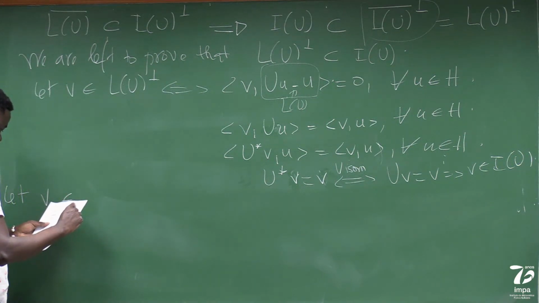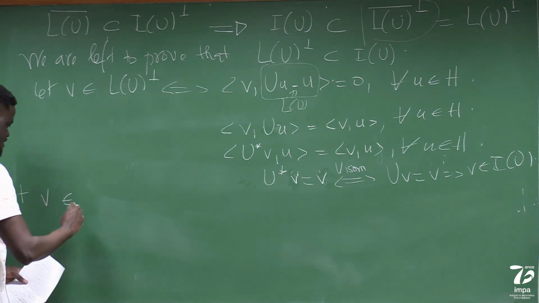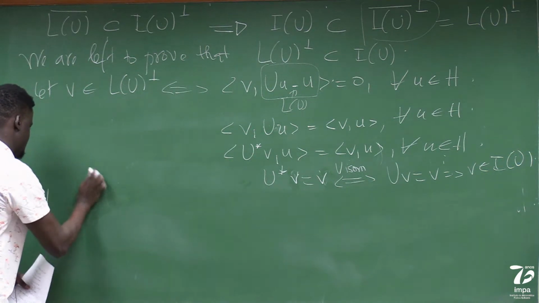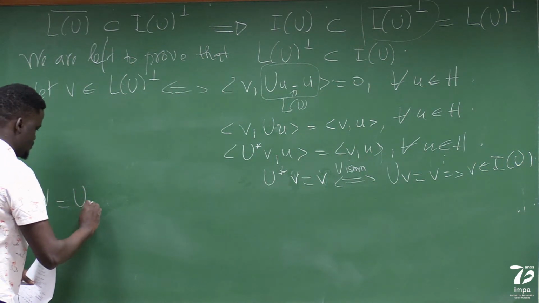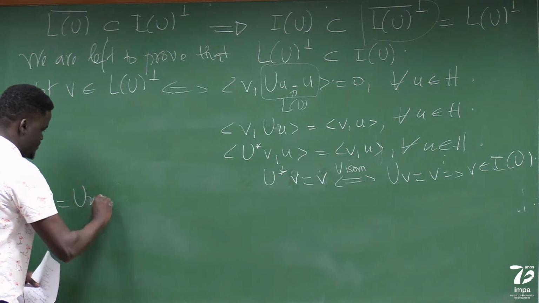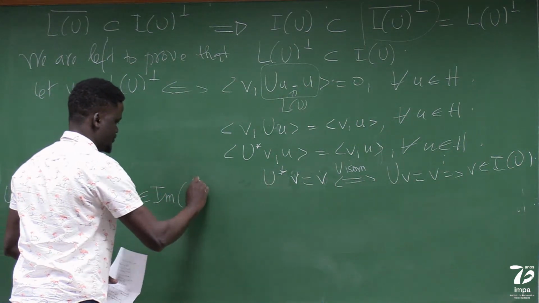If you take V as a point in the image, so let me write it like this, equals U minus U is a point in the image of U minus identity.